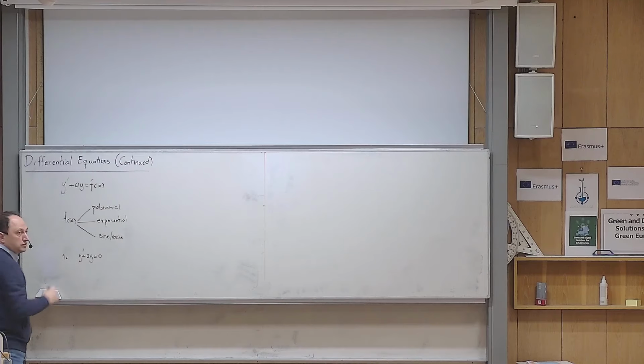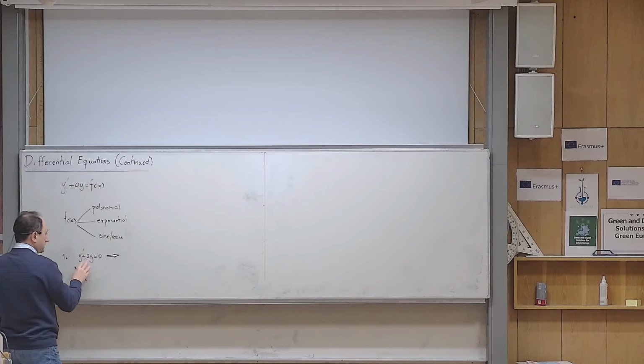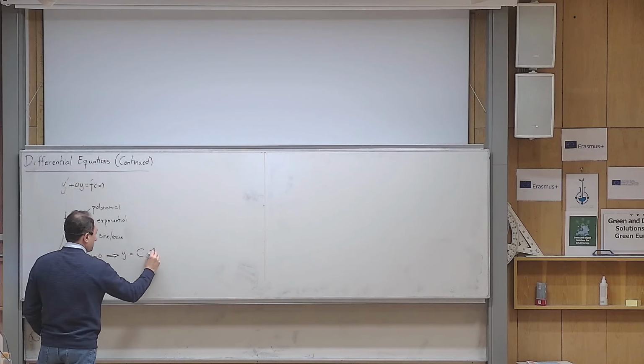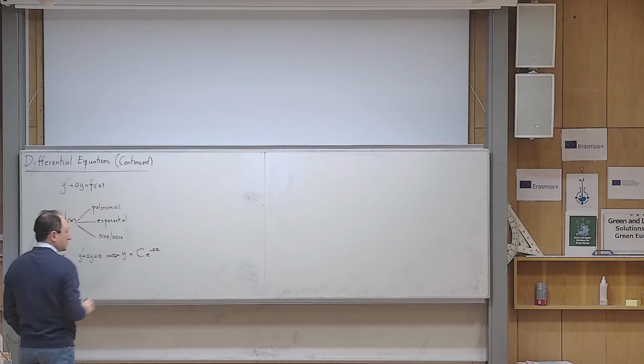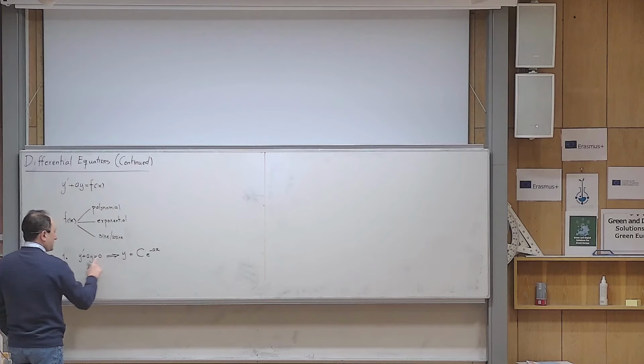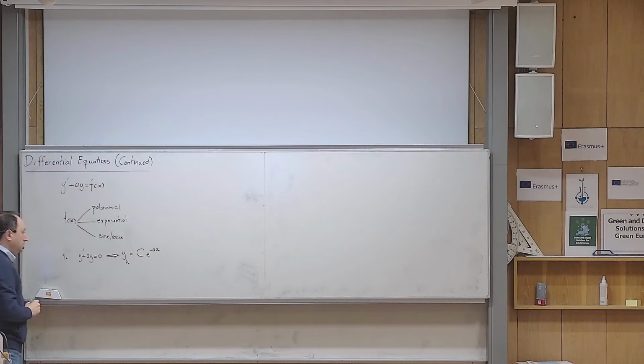Essentially, you don't need to do anything at all. Hopefully I was able to convince you that the solution is always a constant times e to the power of minus ax, and I think this is also in the formula sheet. So this part is easy. But to emphasize that this is the solution to the homogeneous differential equation, I equip it with some index h.